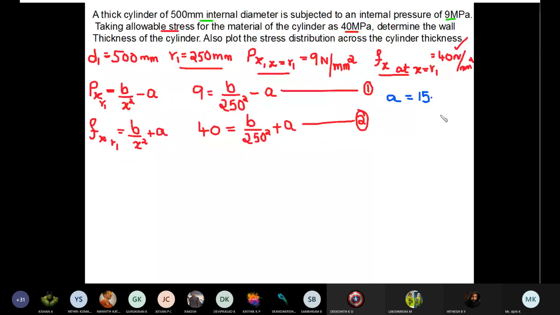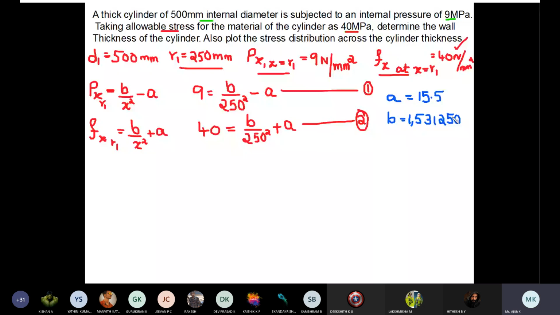Here I am getting the value of A as 15.5, and the value of B will be a 5 to 6 digit number. After getting the values of A and B, you have to follow the same previous procedure.